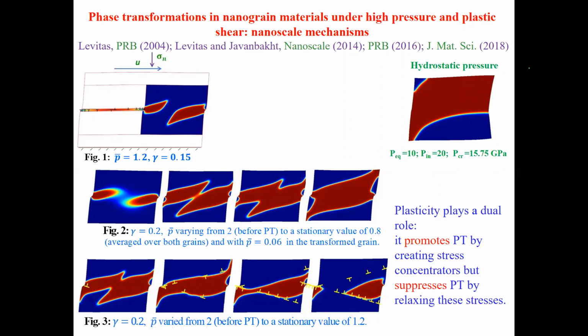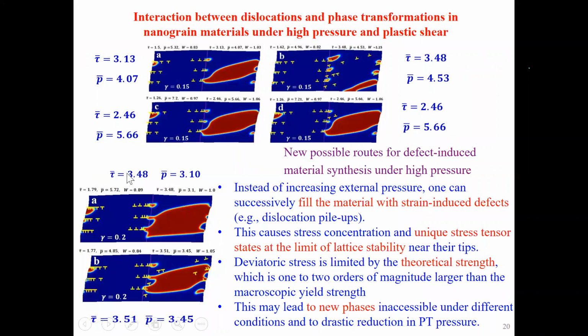But we can find such a combination of shear stresses and pressure that you see here results without plasticity in the right grain, and with plasticity in the right grain, you see dislocations here, practically the same. So it's controllable.